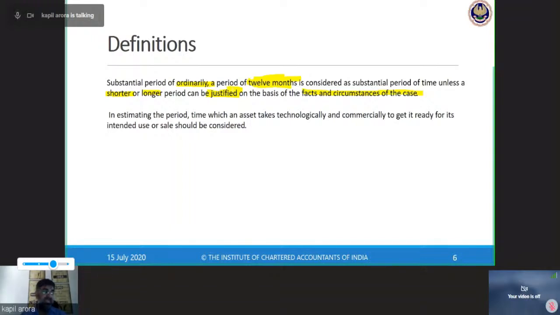Generally, in 99% of cases we consider 12 months as the period for the addition of the borrowing cost in the value of the asset. So in estimating the period, we need to consider whether technologically and commercially all the things are getting ready or not. So the time of construction, or estimated time to complete, is the period from one point to the other, end to end.